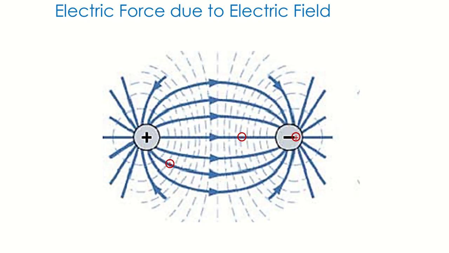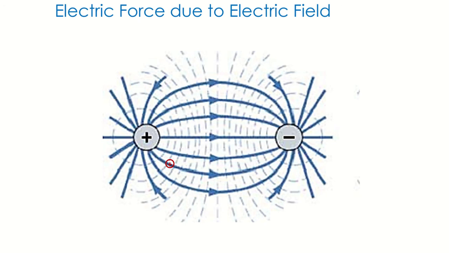It means it moves in the direction of the electric field lines. So a positive charge experiences a force in the direction of the electric field, and the negative charge experiences a force opposite to the direction of the electric field.